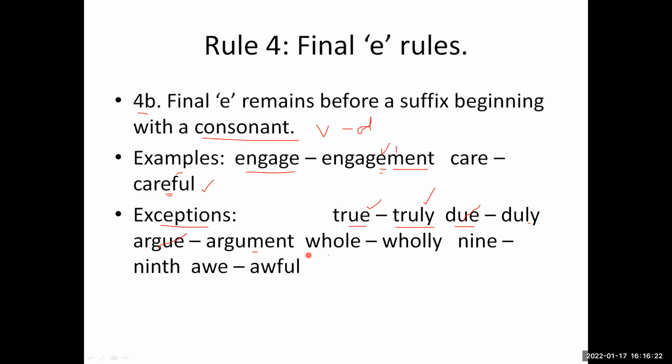Whole becomes wholly, but again E is dropped, it is wholly and not wholely. Nine, it is ninth, E is dropped even though t is a consonant. It's awful, E is dropped here. So these are a few exceptions to this rule that you can take note of.